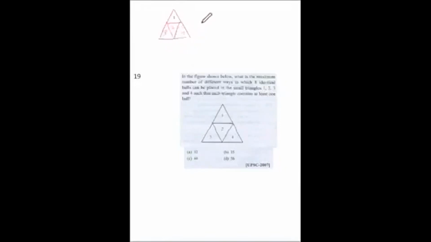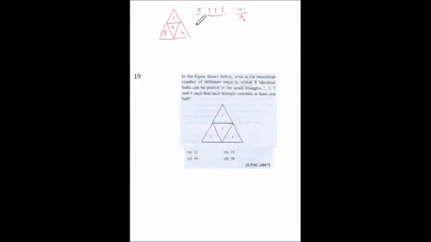So if 8 balls are identical, then we can have first case 5, 1, 1, 1. So total 8. In one box we have kept 5 balls. So this is factorial 4 upon factorial 3. This comes in one class.